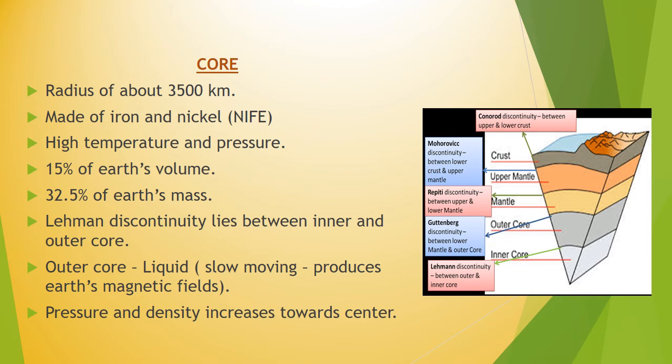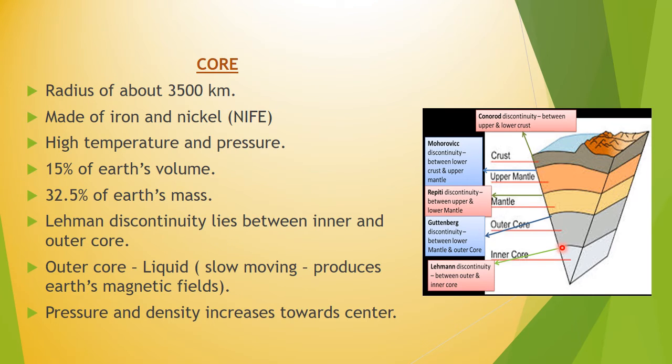Next layer is core. The radius is about 3500 kilometer, made of iron and nickel. That means the mineral composition of this layer is nickel and iron. High temperature and pressure, 15% of Earth's volume, 32.5% of Earth's mass. Lehmann discontinuity lies between inner and outer core.